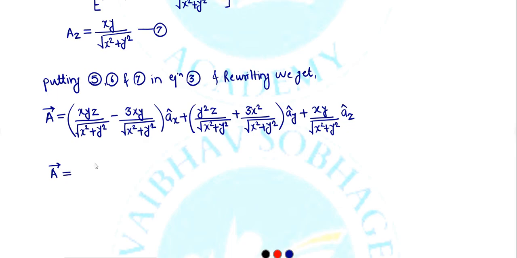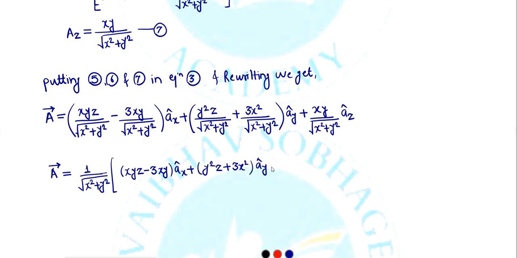So take 1 divided by square root of x square plus y square common from all of the brackets, because it is everywhere over there, and within this square bracket we write what is left: xyz minus 3xy ax cap plus y square z plus 3x square ay plus xy az cap.